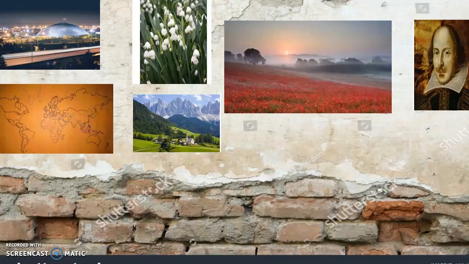Let us move. Look at this picture. This is Shakespeare's head that is kept on the school wall. And this is the second picture, a cloudless dawn. And this is bell-shaped flower. And this is the Tyrolese Valley in Austria.